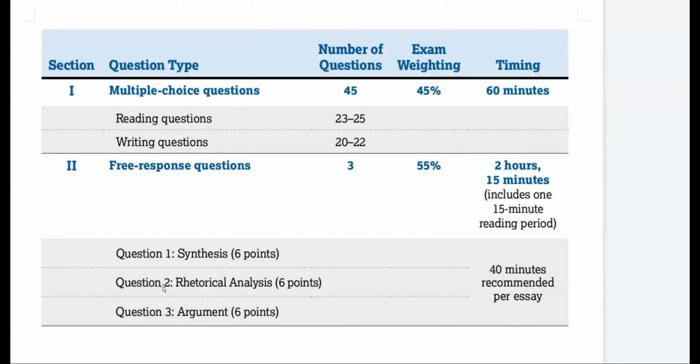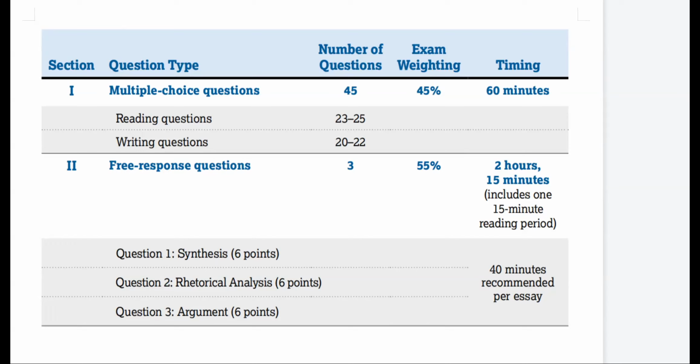That makes sense? As long as you claim the author adopts figurative language and you also present evidence from the passage, you have the 2 points for evidence. And for question 1, the synthesis, it's again an argument essay. How about the evidence now? It's from the source itself.